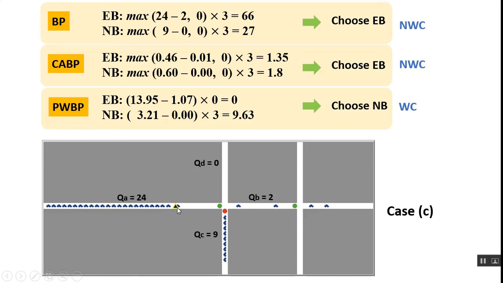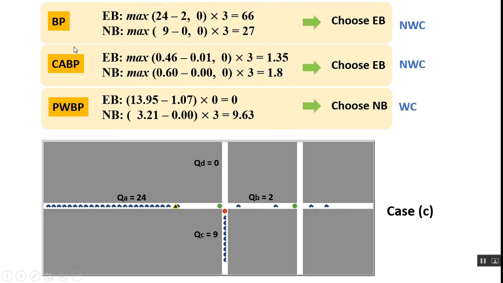And if the time is greater than 10 seconds, then during the time slot of 10 seconds, no vehicles could actually pass the intersection, even if you give green to the eastbound phase. So any control policy that chooses the eastbound as the phase is not a work conservative control policy.